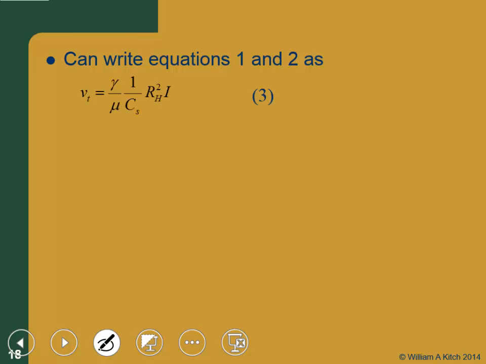If I look at these two things, I can write both of those equations as the true velocity is equal to the density of the fluid divided by the viscosity of the fluid times 1 over some constant times the hydraulic radius squared times this pseudo gradient. And what does that constant account for?